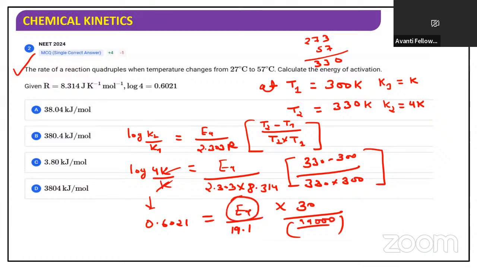Ea comes out to be 38.7 kilojoule per mole.